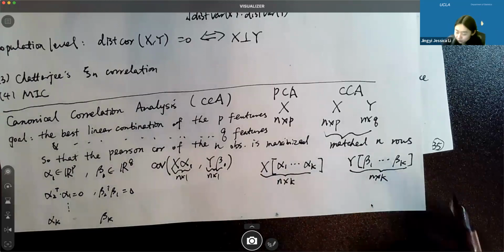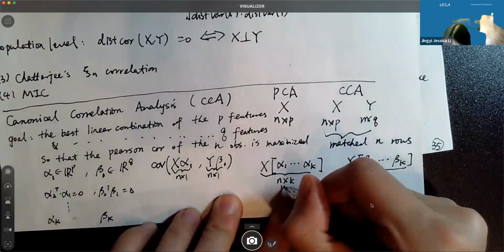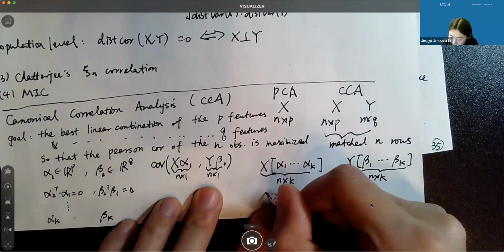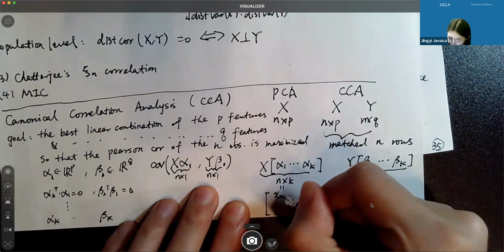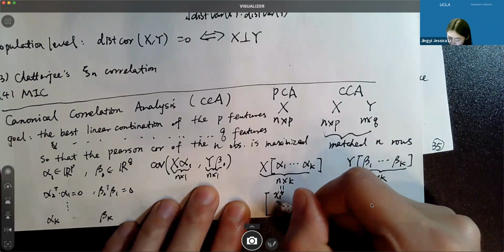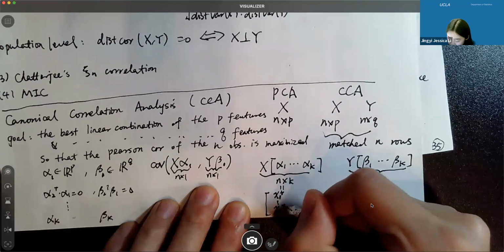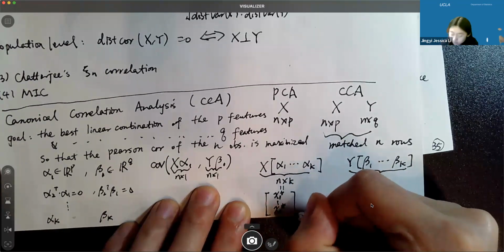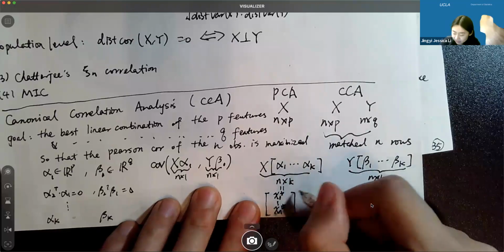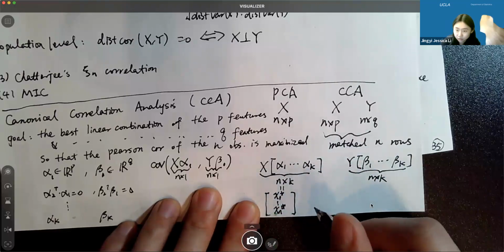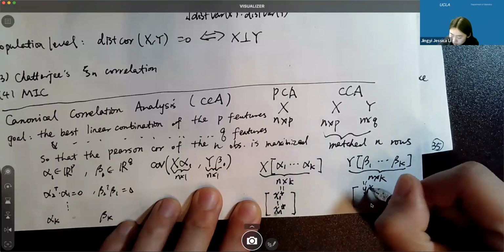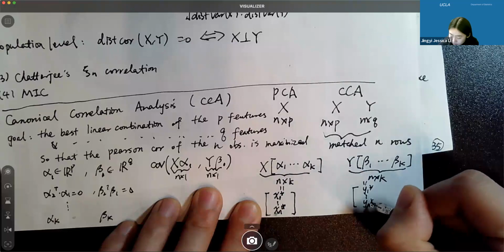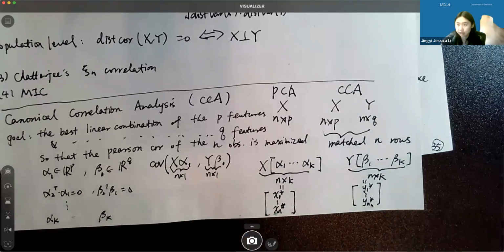feature sets. So for example, if I expand this one, I write it as x1 star to xn star, where each xi star is a row vector. Similarly, if I expand this part to be y1 star to yn star, each row is also k-dimensional.